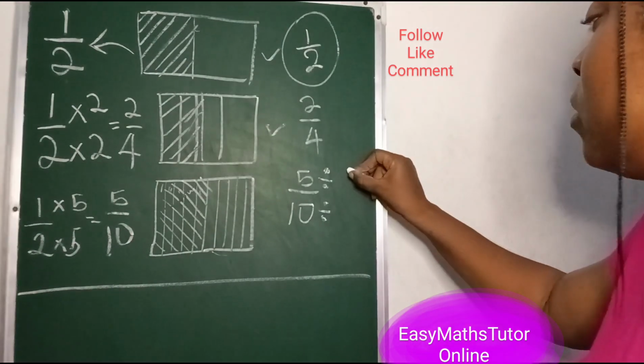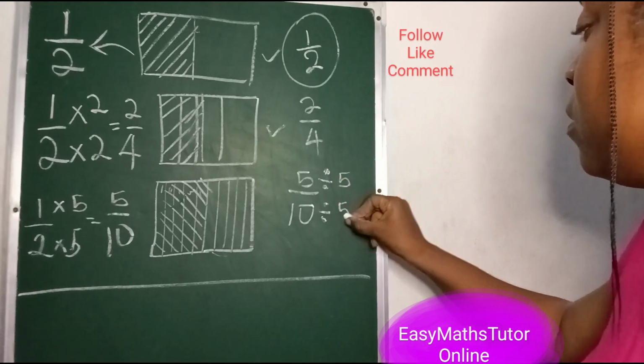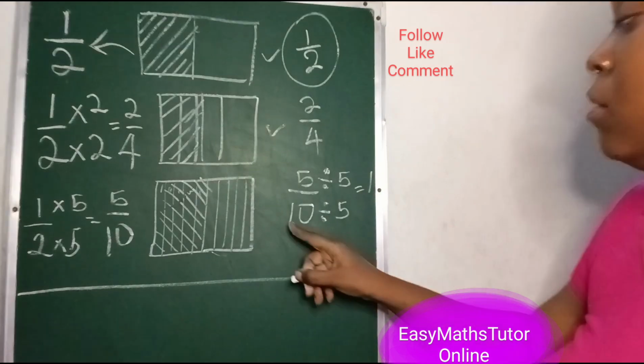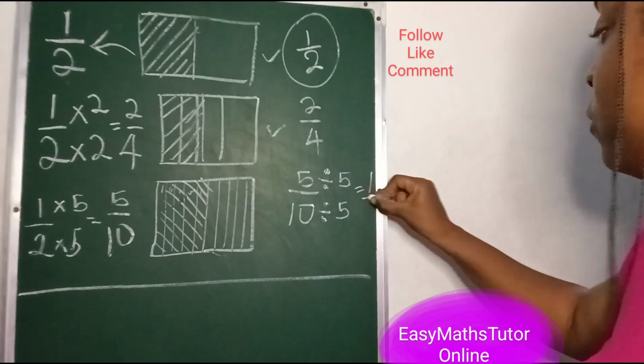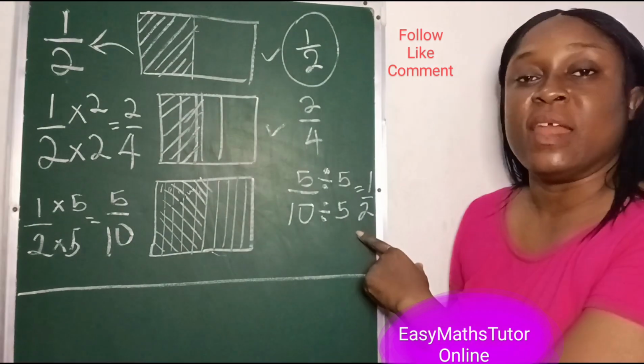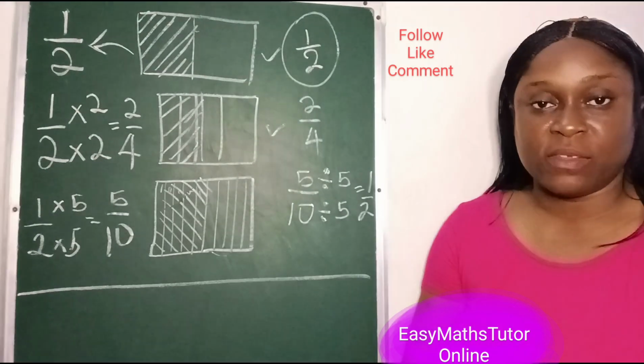And that common factor is 5. We know that 5 divided by 5 gives us 1, and 10 divided by 5 gives us 2, giving us its equivalent in the smallest form.